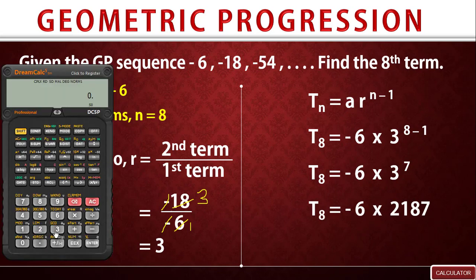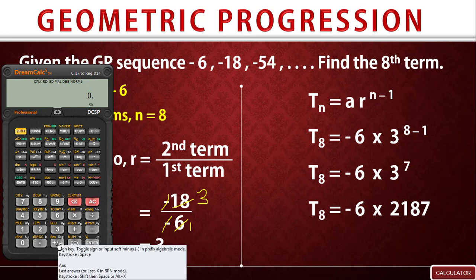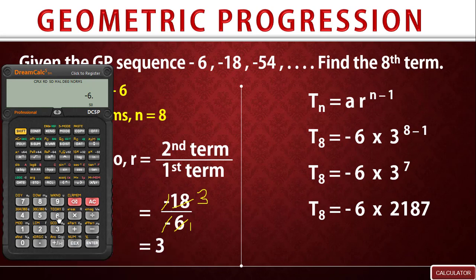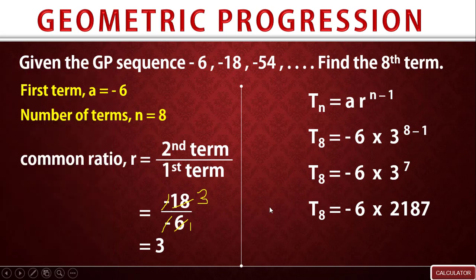So let's do the minus 6 now. To get the minus 6, you see this like a plus dash minus here. So this is the minus 6 times 2187 equals to. That gave us minus 13,122. So our T8 final answer is minus 13,122.